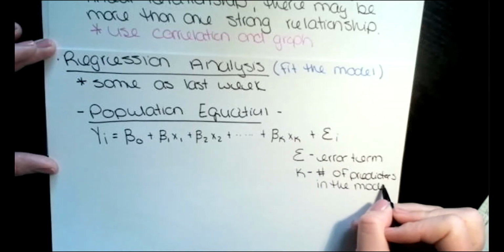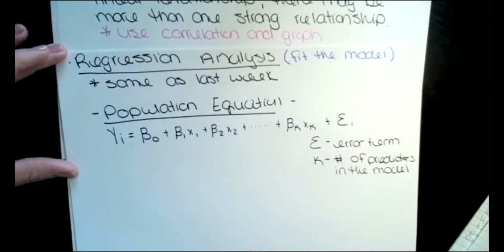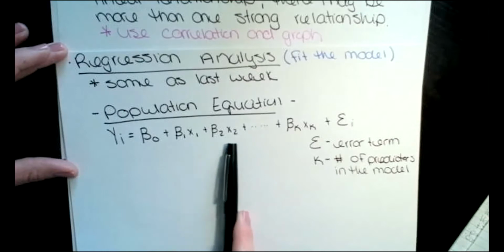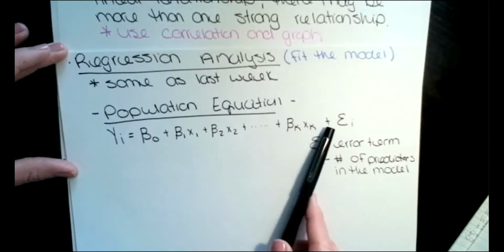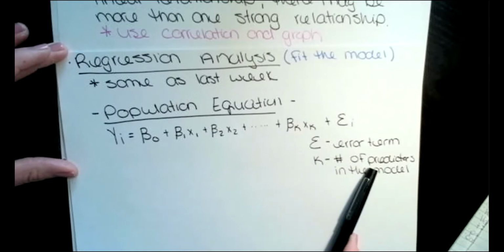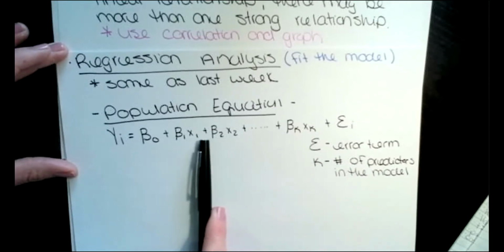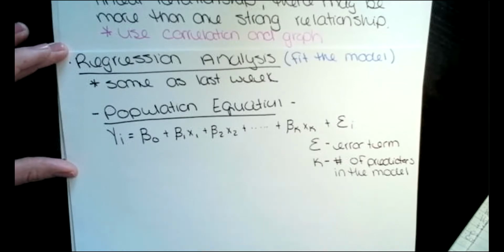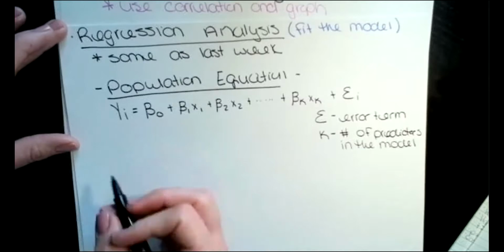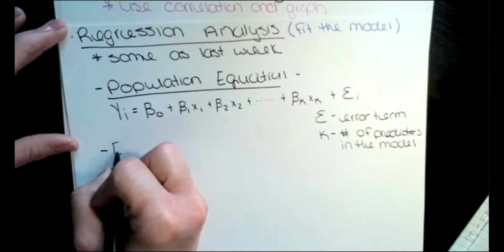So if I have 3 x variables, 3 predictors, I'd have beta 1, x1, beta 2, x2, beta 3, x3, then epsilon, right? So it goes up to k. K is just indicating how many predictors. If I have 2 of them, I only have 2 here. If I have 5, I'd go up to 5, right? So that's what our population equation is going to look like. And then our sample equation or estimated equation.